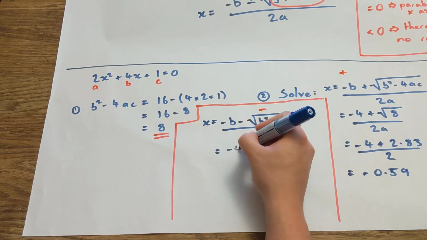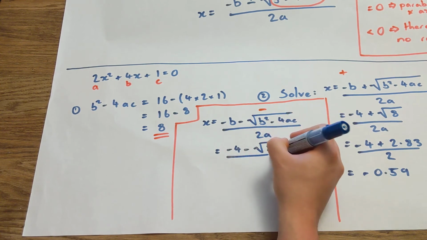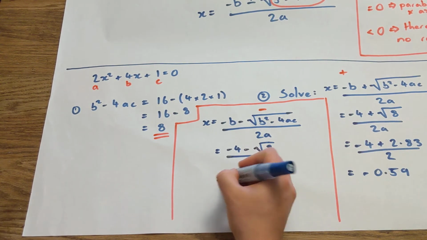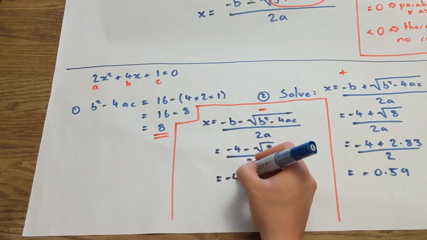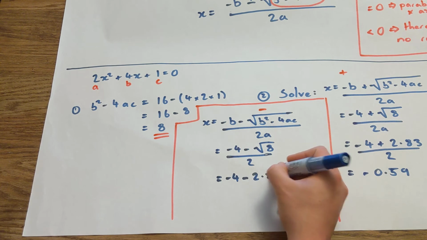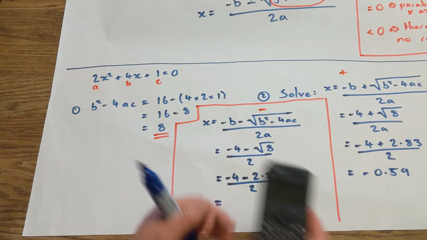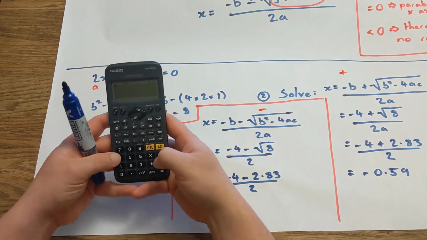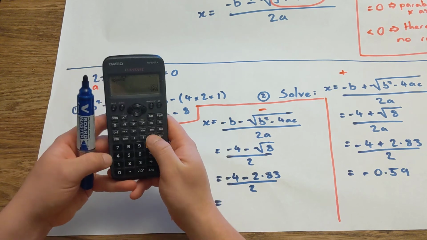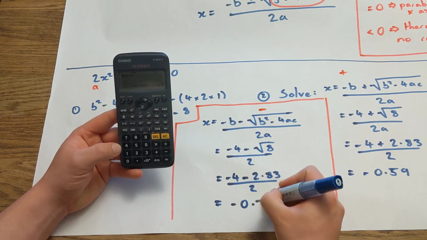So we've got negative 4 take away the square root of 8 divided by 2, which is negative 4 take away 2.83 divided by 2, which gives us an answer of minus 0.71.